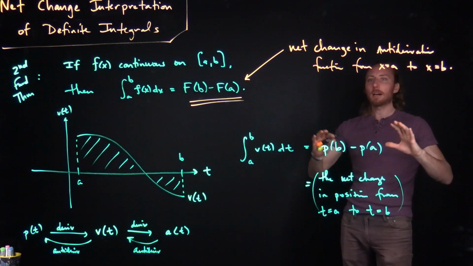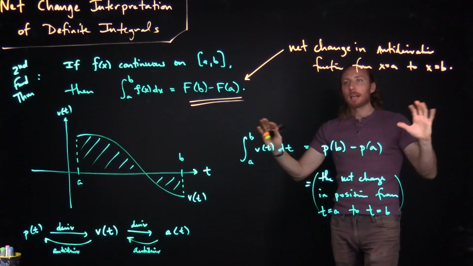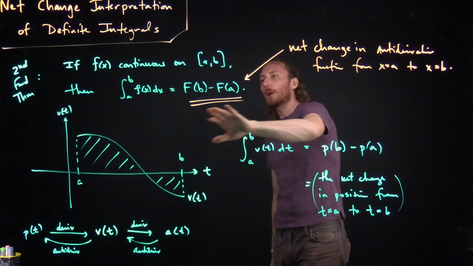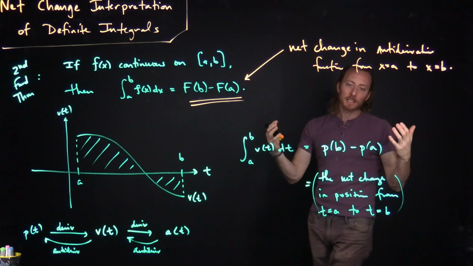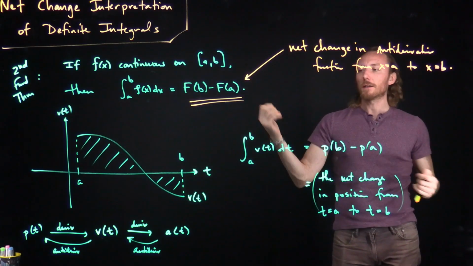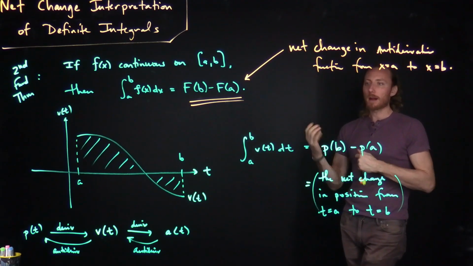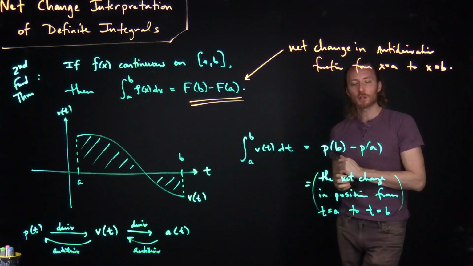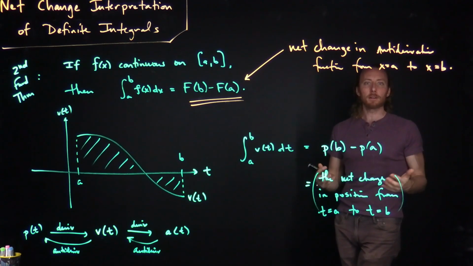So this rounds out an overall step back, looking at the second fundamental theorem and observing the fact that the expression that results is really just a net change in antiderivative values. So hey, say you've got a velocity function and you're looking for the signed area between its graph and the horizontal axis, the resulting expression is just going to be the net change in position, which is, well, hey, a pretty nice thing to think about.